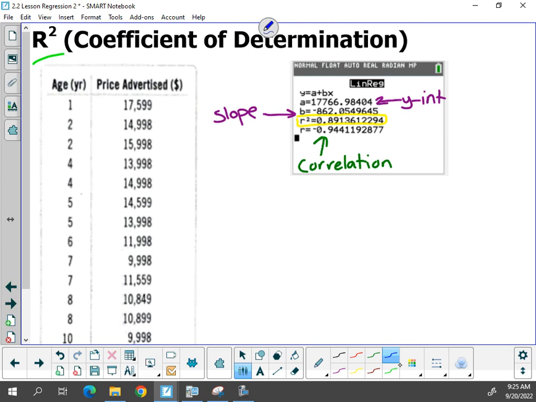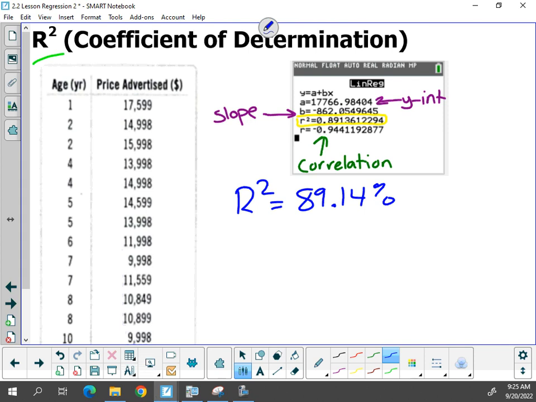And so this thing's called the coefficient of determination. It is a percentage, so we're going to say that our r squared value is 89.14. I'll do 2 decimal places there, percent. Like I said, it's literally the r value squared, and then we convert it to a percentage.